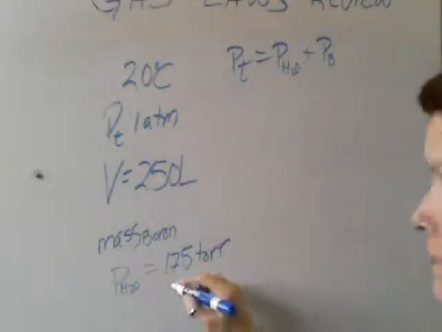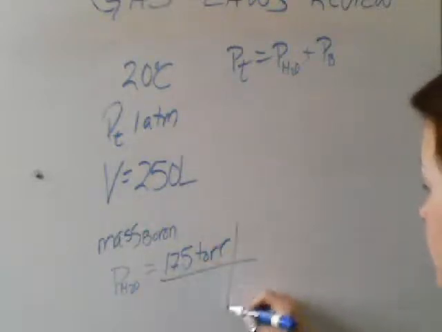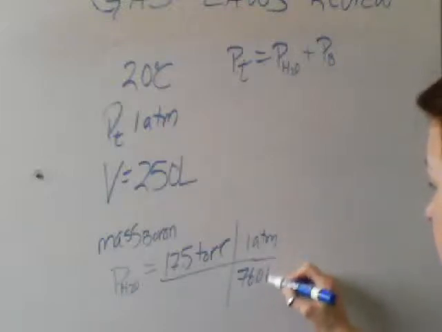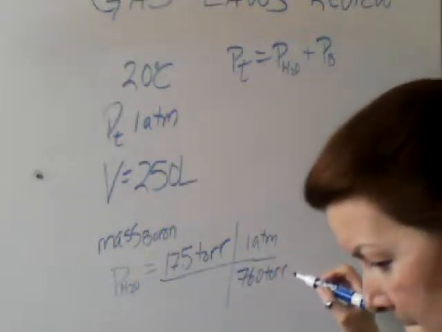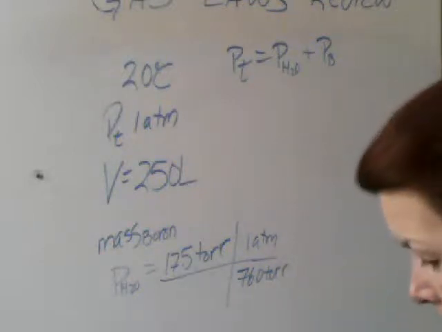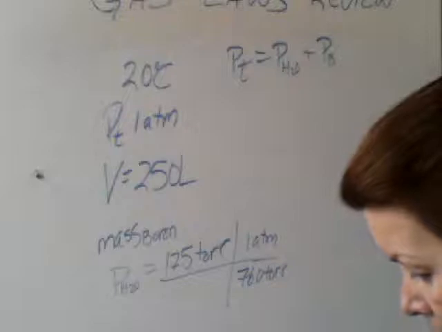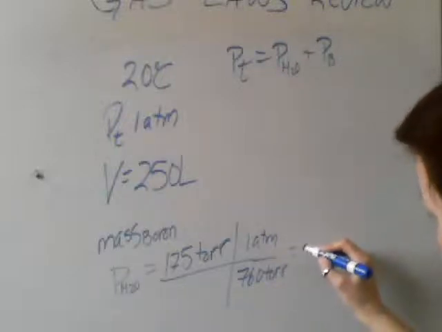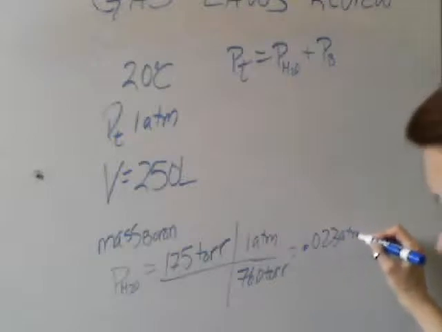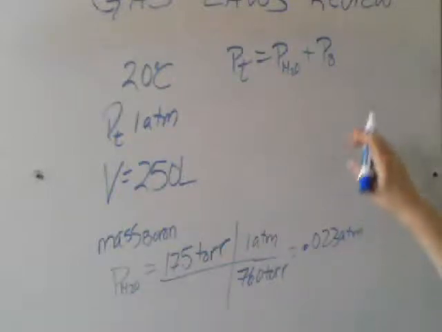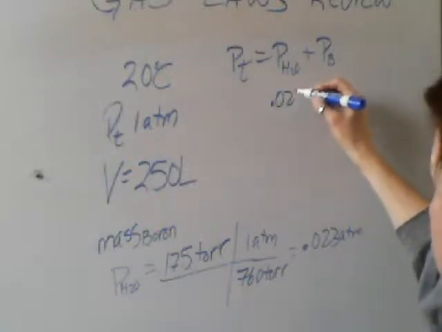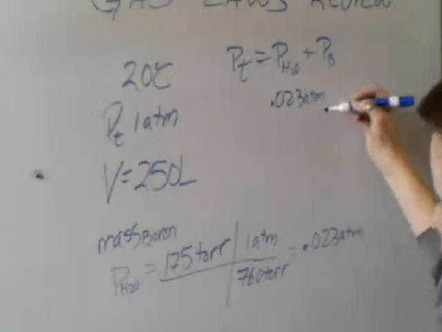We of course want to convert torr to atmospheres. So we know in every atmosphere there are 760 torr. And so that converts to 0.023 atmospheres. And that is the partial pressure of water, 0.023 atmospheres.